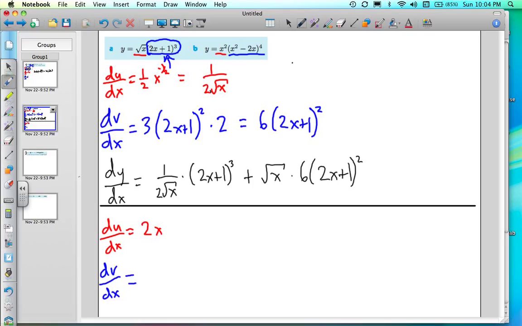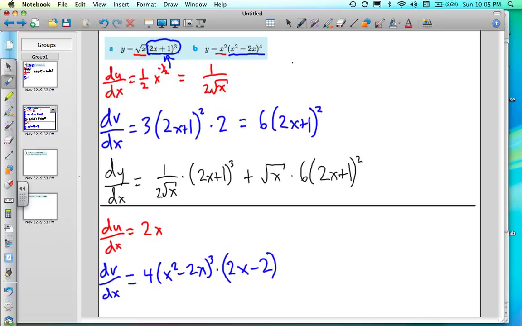So we're taking the derivative of what's outside first, so it's going to be 4 times x squared minus 2x raised to the third power, times the derivative of what's inside, x squared minus 2x. So it's going to be times 2x minus 2. Make sure you put those parentheses there, because otherwise your order of operations is going to be messed up. So that's it.